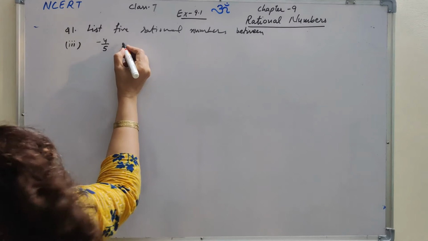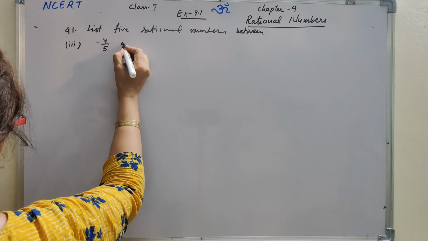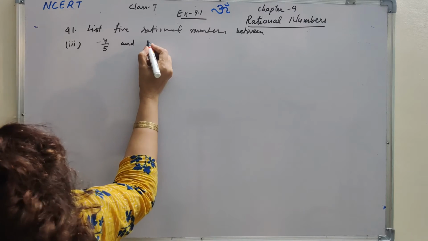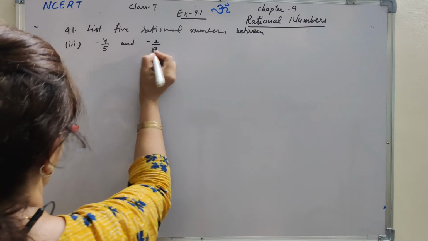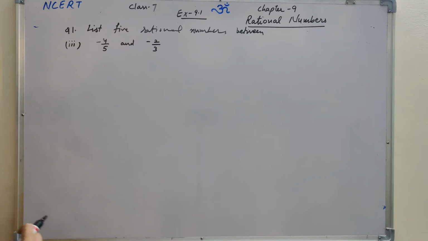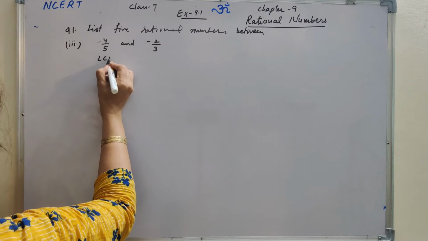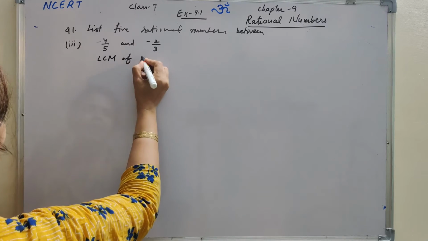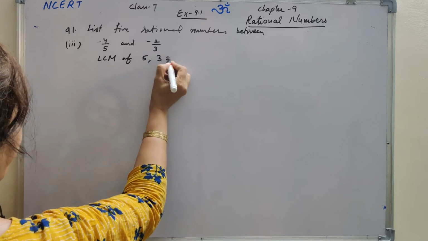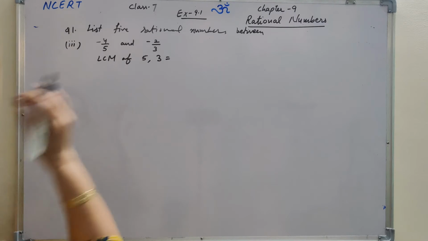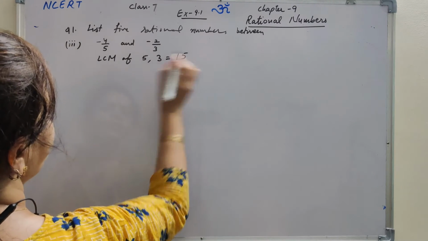In earlier parts, denominators in both the numbers have same denominator 1. But here the denominator is different in both the rational numbers. The first step which we have to take is take the LCM and make their denominator same. That means we need to find LCM of 5 and 3, which will come 15.